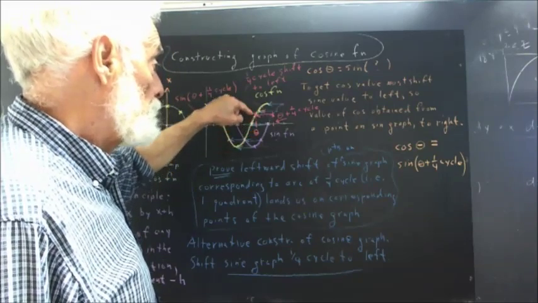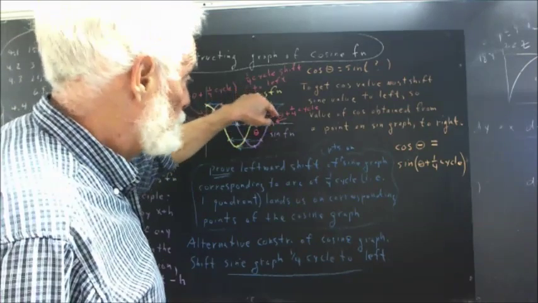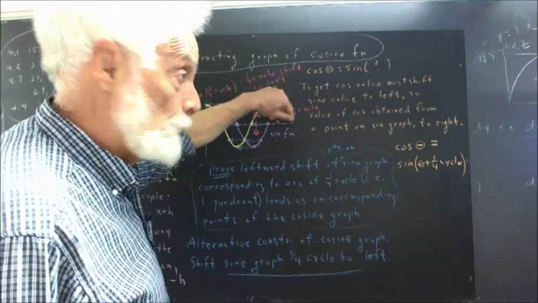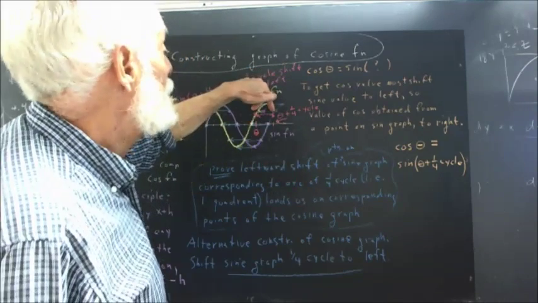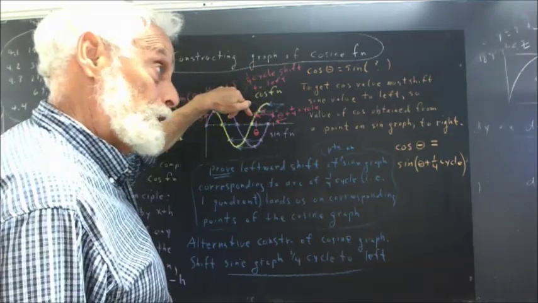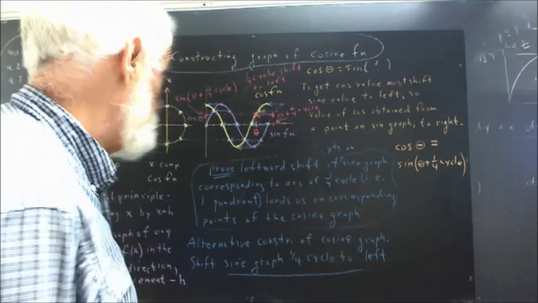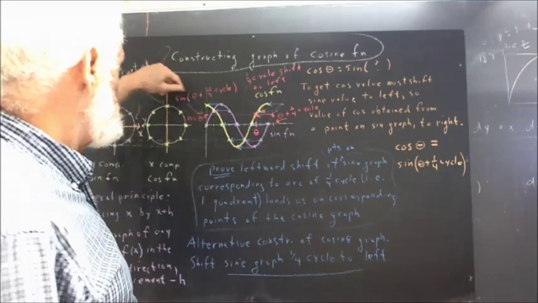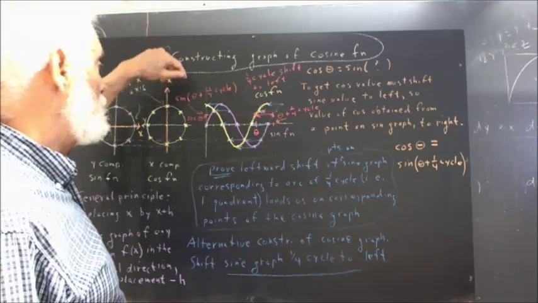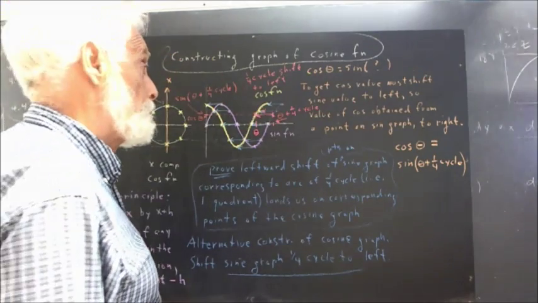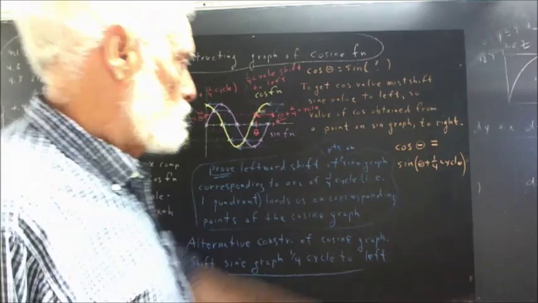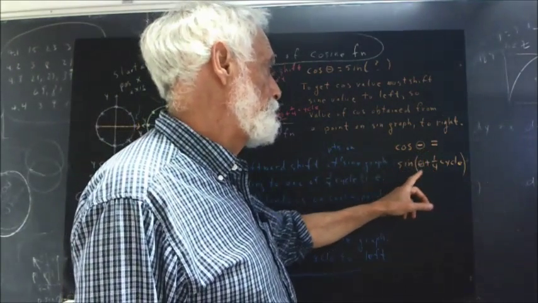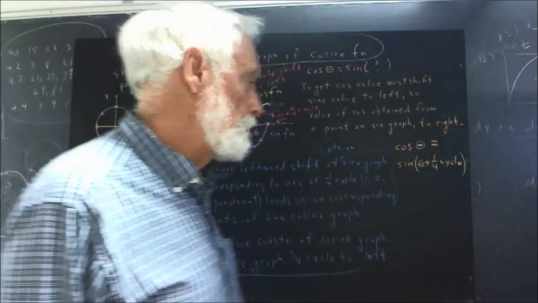If it's the cosine of theta, we've got to look a quarter cycle to the right at theta plus 1/4 cycle, so that when this point is shifted a quarter cycle to the left, it lands on the cosine graph. Okay, so the value of cosine theta is equal to the value of the sine of theta plus a quarter cycle. And we can write that: cosine theta equals the sine of theta plus a quarter cycle.